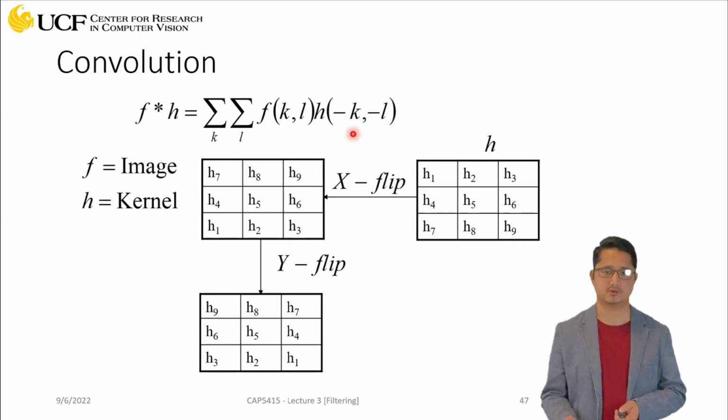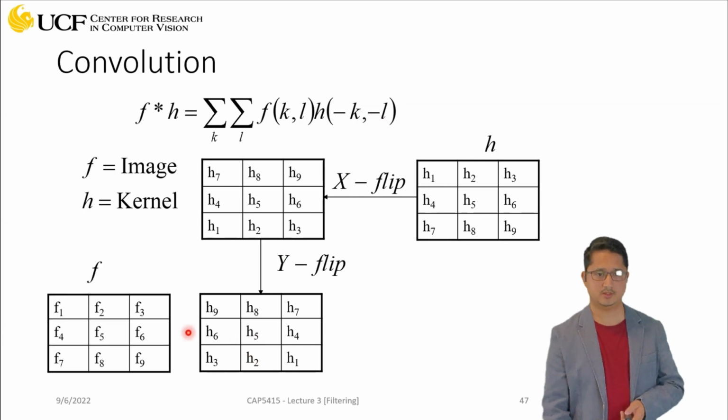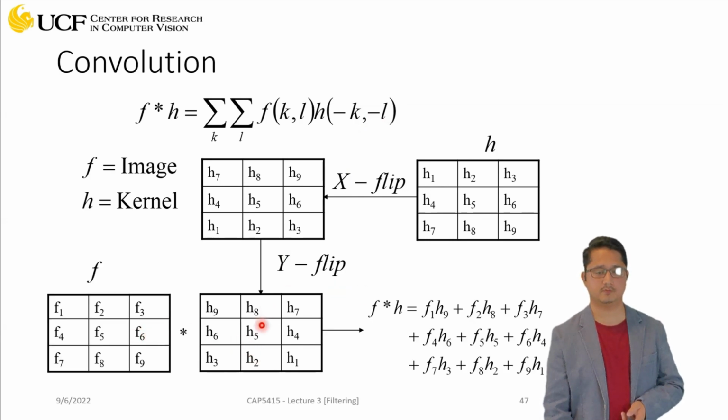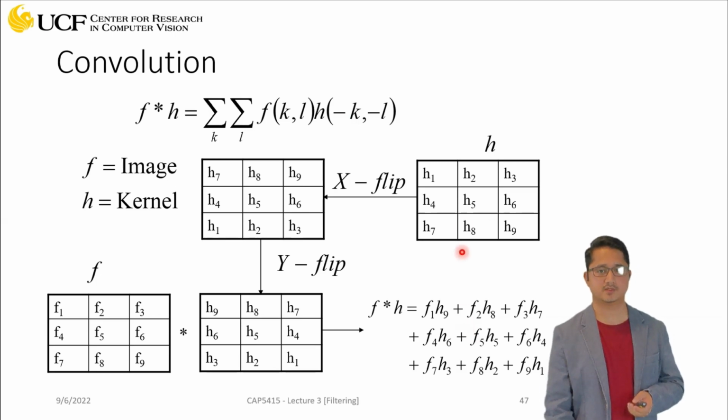Then it's exactly the same as correlation. So let's say this was the initial kernel, you flip along x, flip along y, you get this kernel. And then you can just perform correlation of this kernel with the image patch. It's the same equation. So you can see correlation and convolution are exactly the same thing. The only difference is the kernel values.